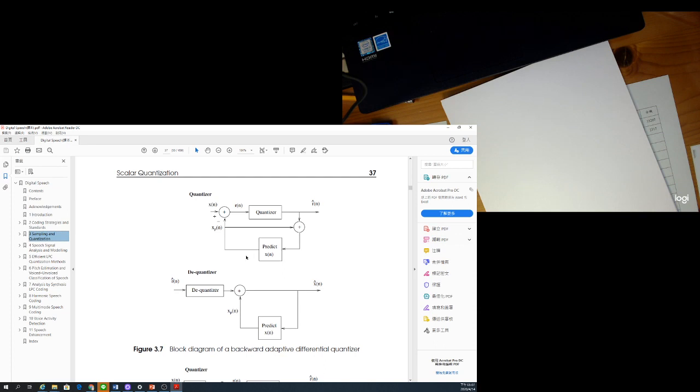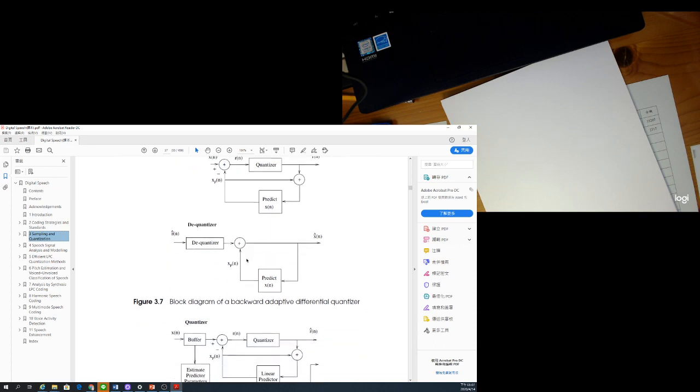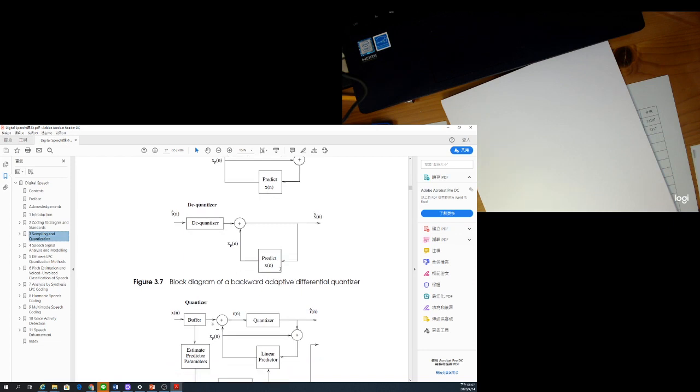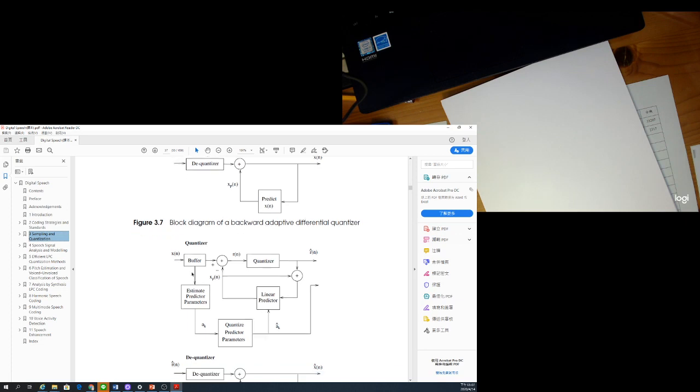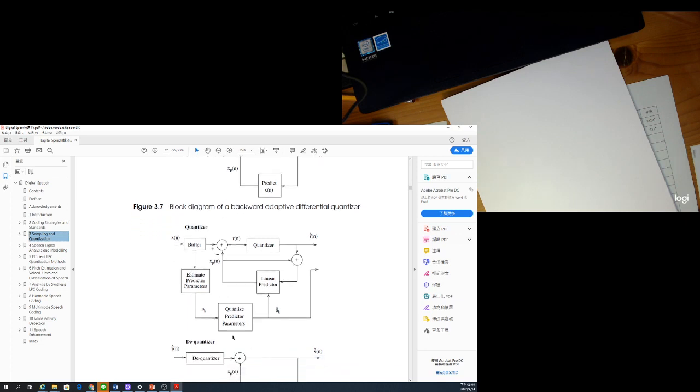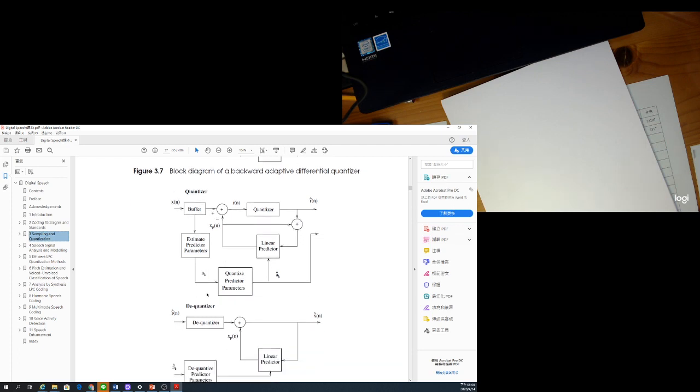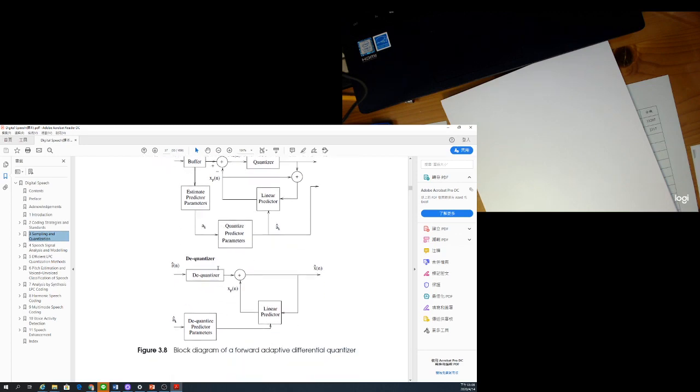We do the prediction; however, the prediction has some coefficients. They also show the coefficients based on the original signal. Sometimes you can base the prediction coefficients on the decoded signal, depending on you. However, based on the input signal, you can get a good prediction value.